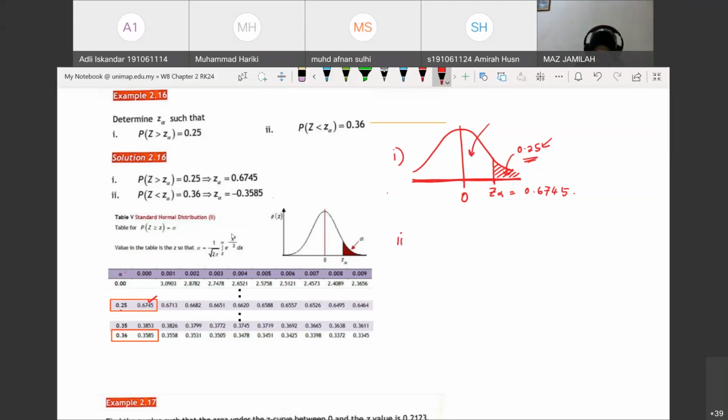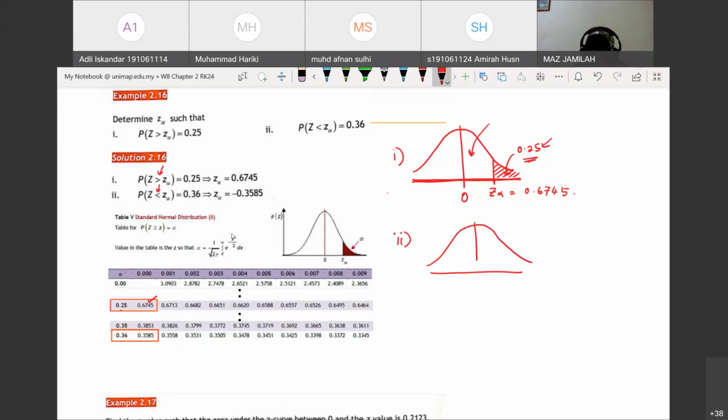Now, for the second probability, look carefully at the sign. The sign will give you a hint for the area that you are looking for. The second one would be Z less than Z alpha.